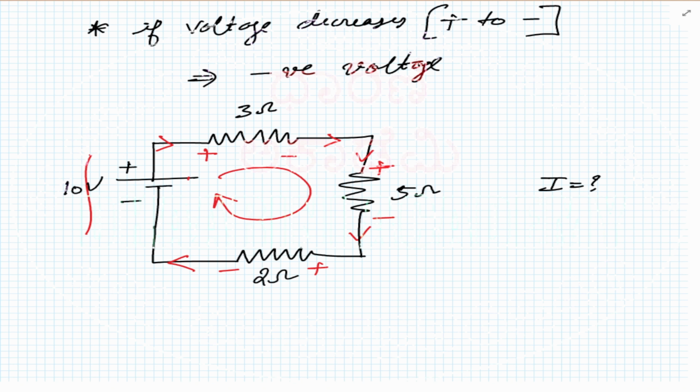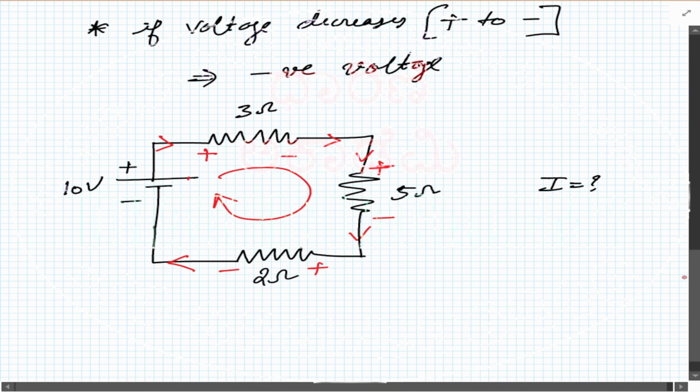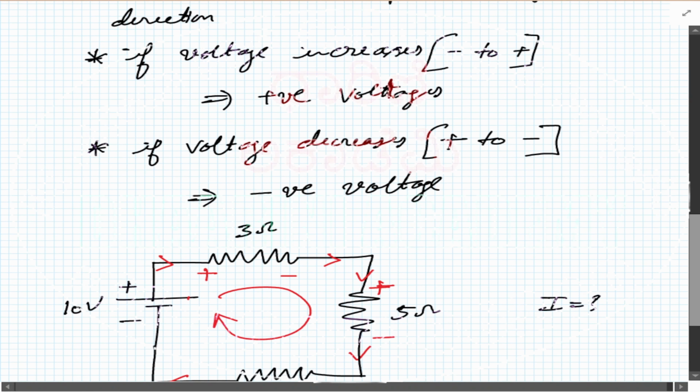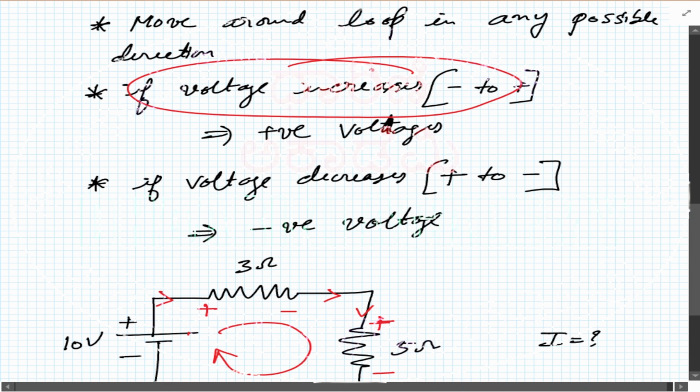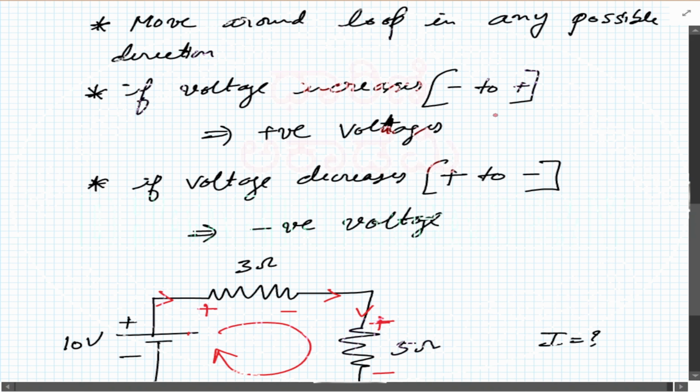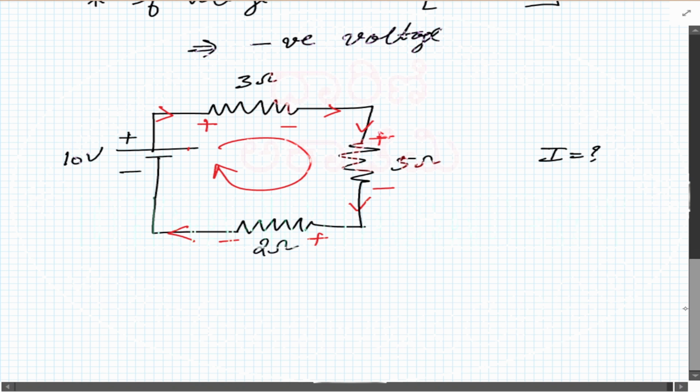When I enter the device, it is minus. When I leave the device, it is plus. Minus means low voltage, plus means bigger voltage. So you see voltage increases, minus to plus. So the 10 volts I am writing here is a positive voltage. So in my application of KVL, minus to plus is plus 10 volts.